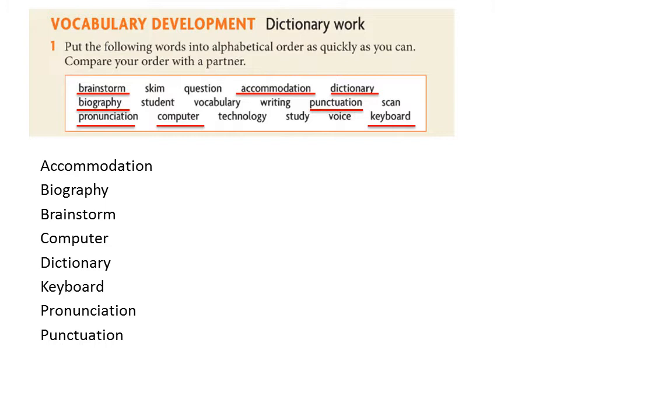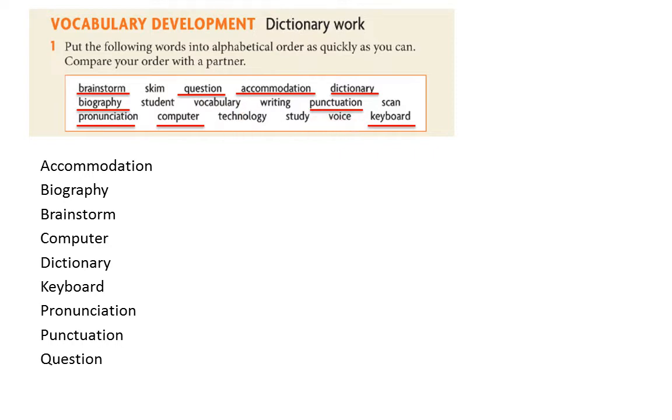Now after P we have Q. Let us scan the words to see which one of them starts with Q. We have question. Question is a word started with the letter Q, and we do not have any other word started with the same letter.